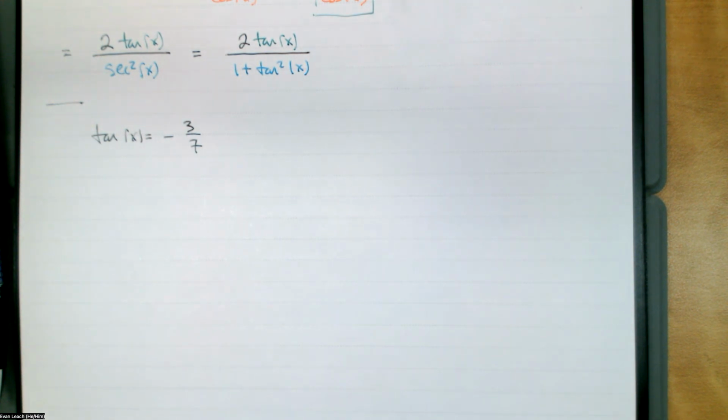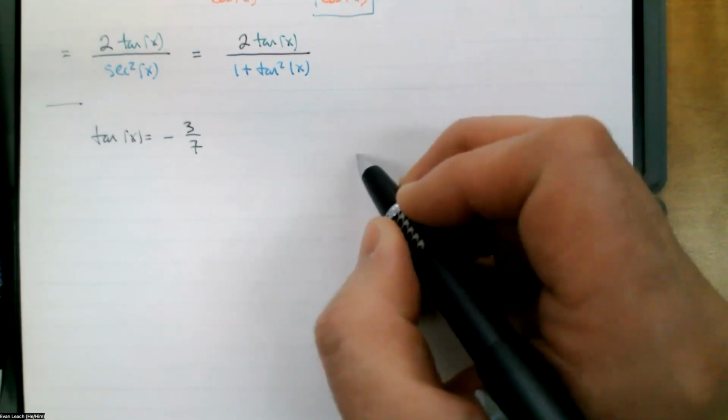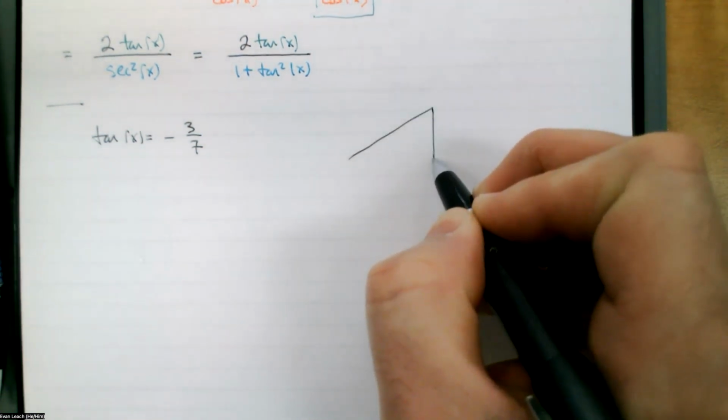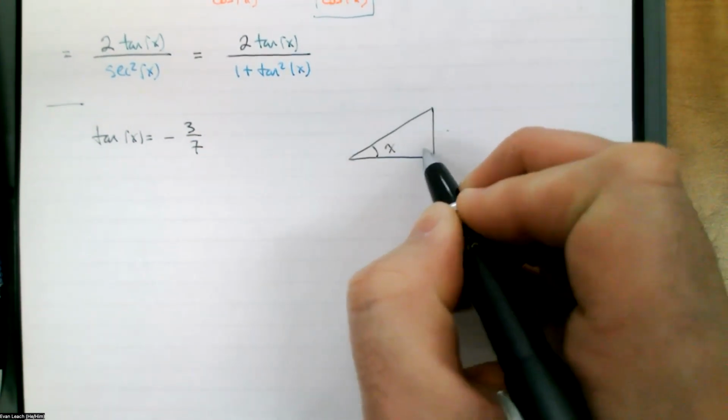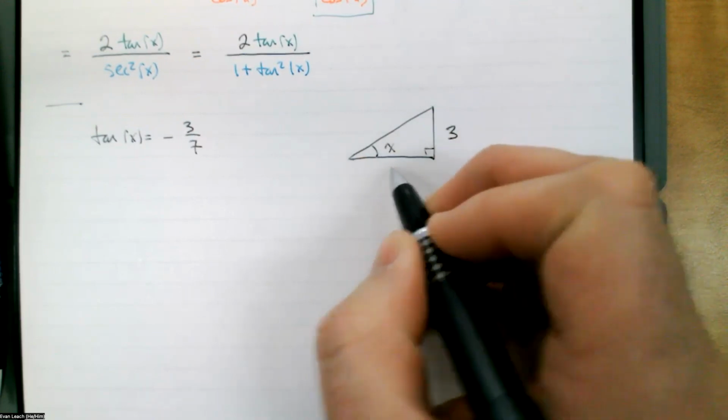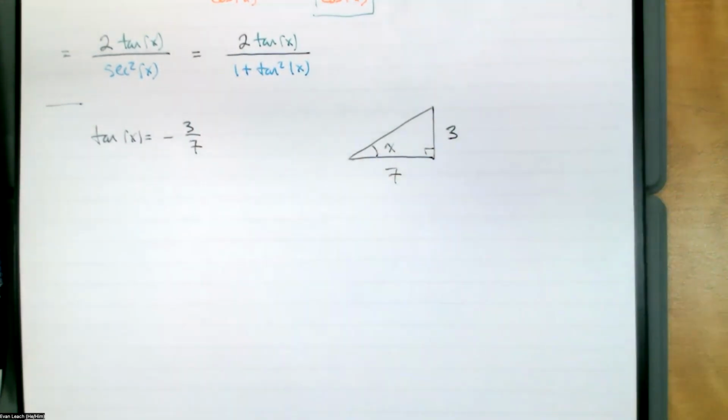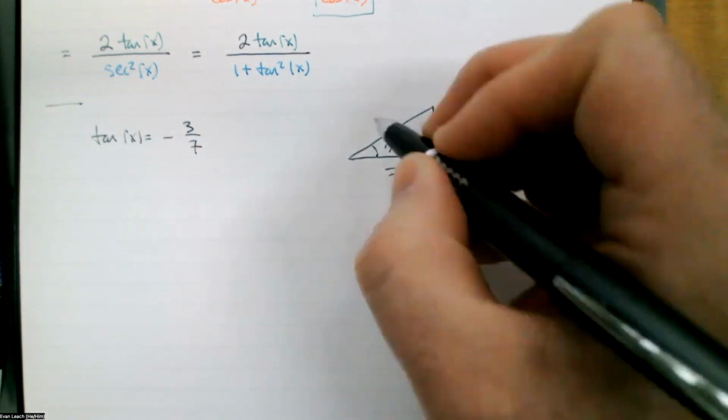So if we go back to the first week of class, ignore the negative because we know that this is in the second quadrant, and just build a right triangle where the tangent of x is 3/7. So that means opposite is 3 and adjacent is 7. We can use the Pythagorean theorem to come up with the hypotenuse.